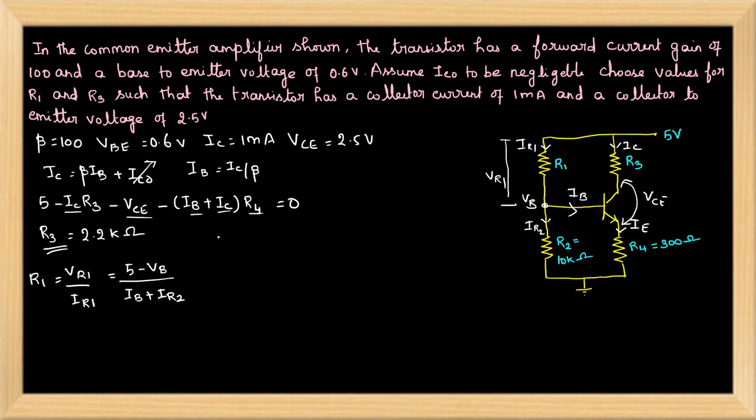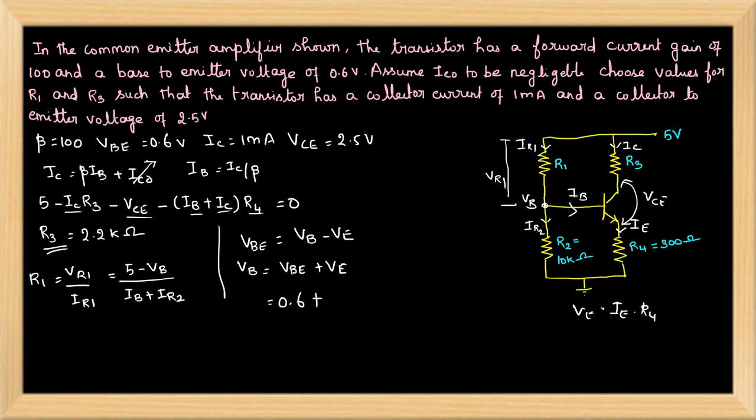So we know that VBE, the base emitter voltage, is equal to VB minus VE, or we can write VB equal to VBE plus VE. Here VBE is equal to 0.6 volt, and VE, how can we write it? It is the voltage across this resistance R4.